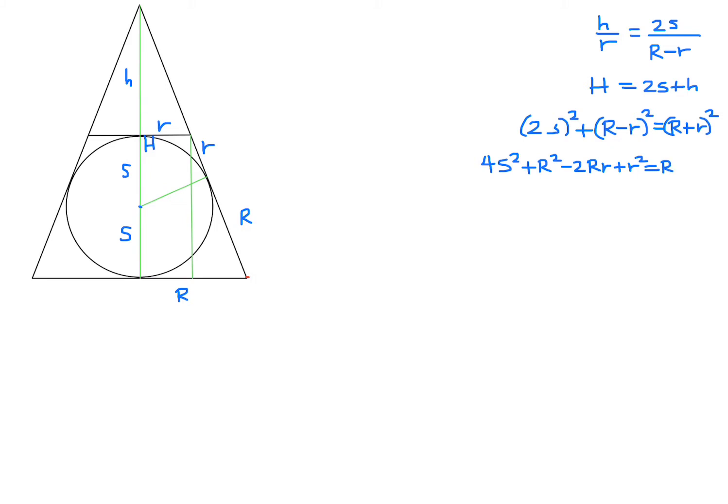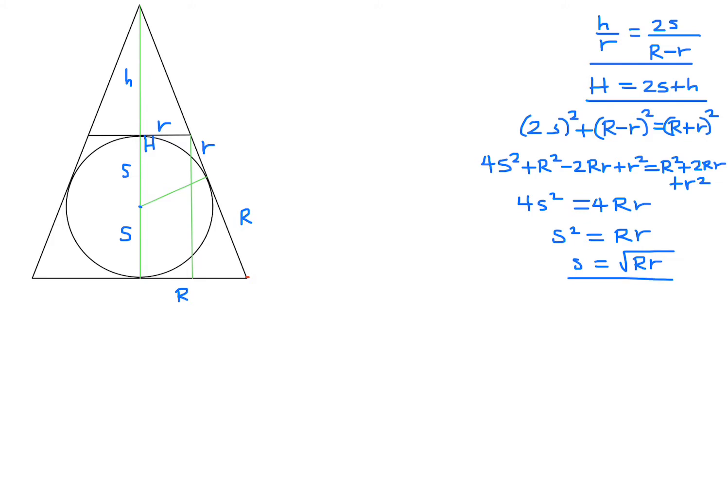This is going to be R² plus 2Rr plus r². A lot of stuff cancels here. And then the only thing we're left with is 4Rr, and the 4's cancel, giving us just s² equals Rr, and then s is going to be the square root of big R times small r. So those are some very important relationships that we are going to use in this question.